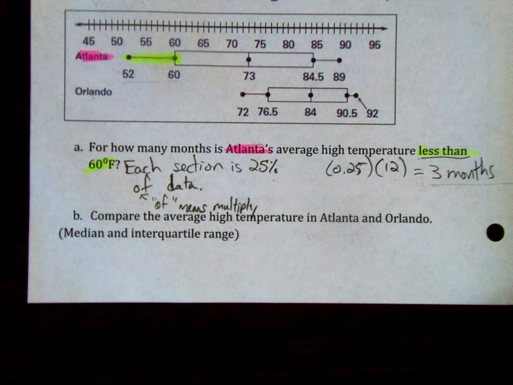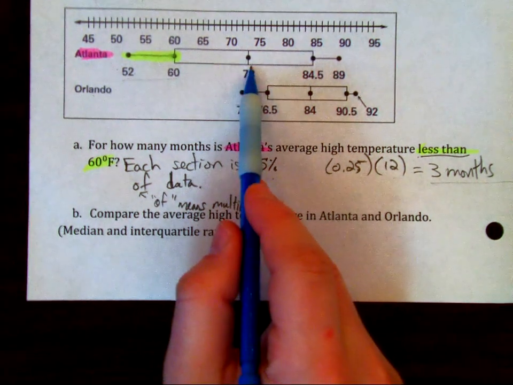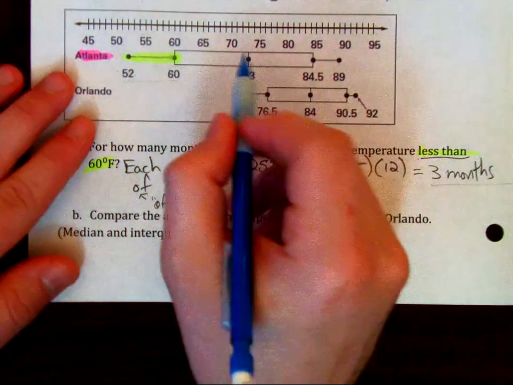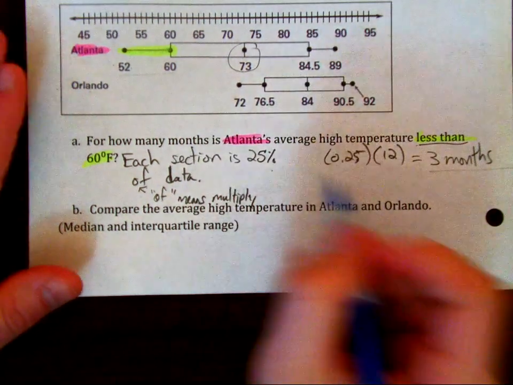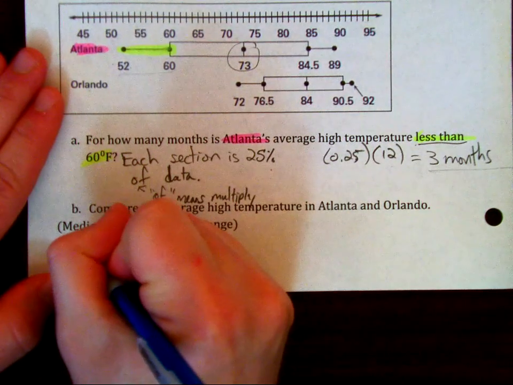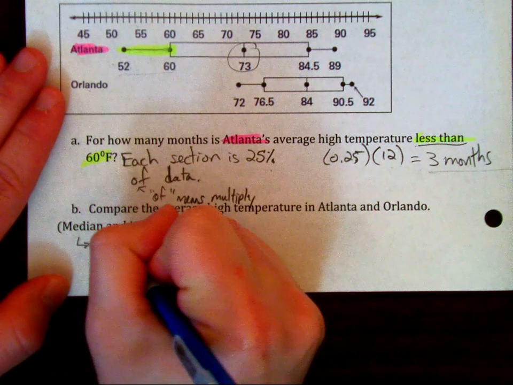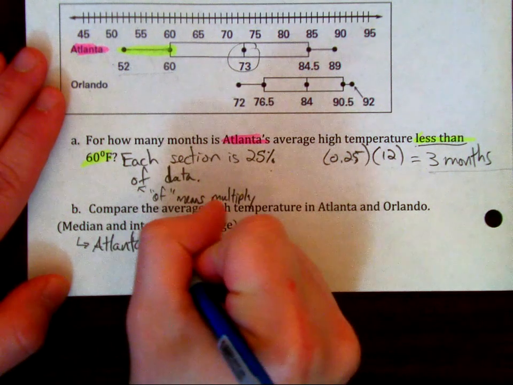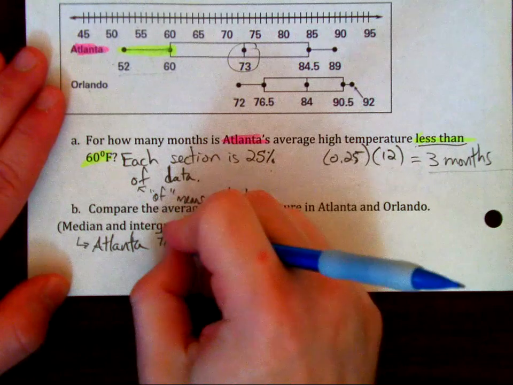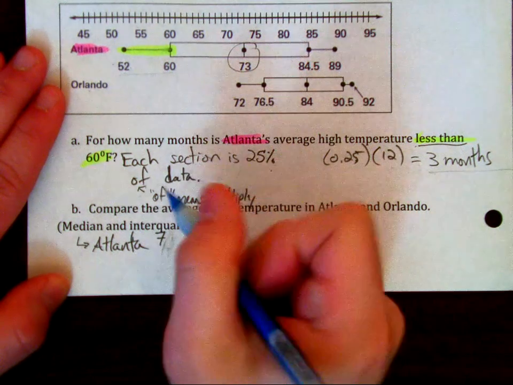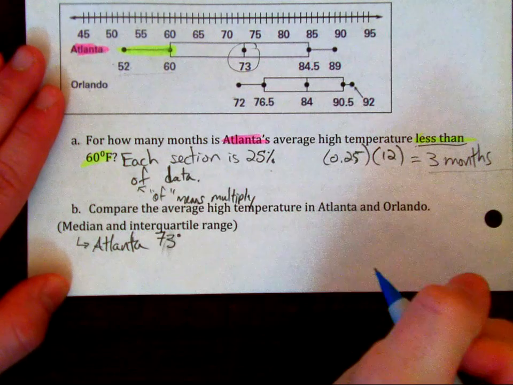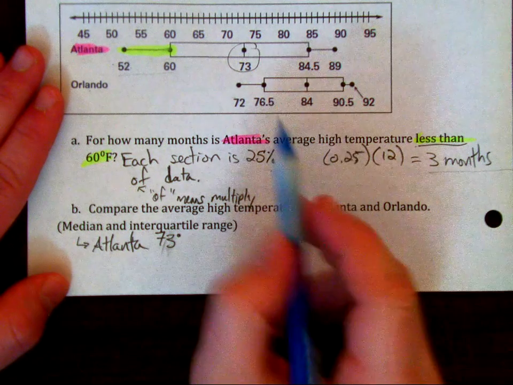That's the middle number right here, our median. So the median for Atlanta is 73 degrees. Again, that middle number in the box is the median.